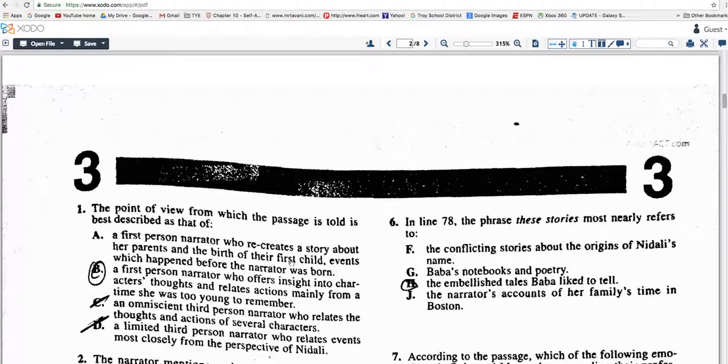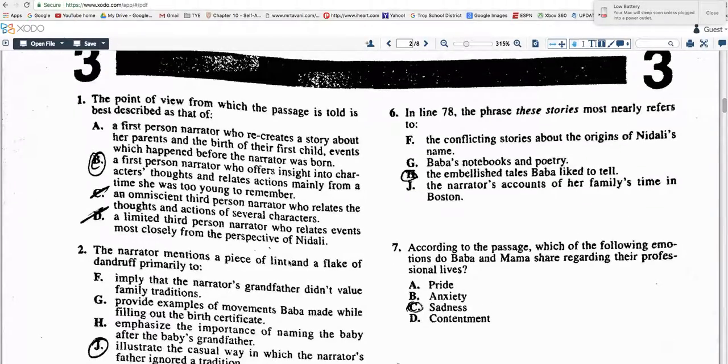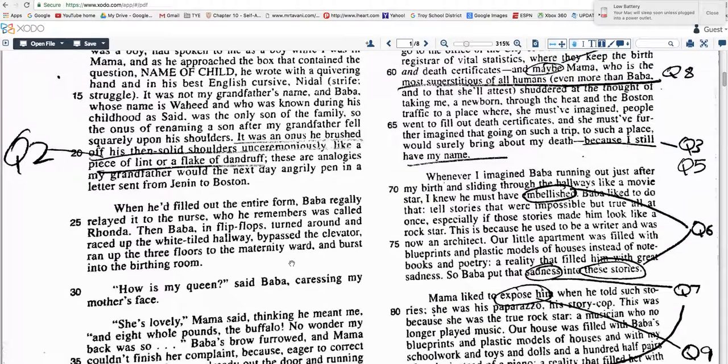Whenever you want to take out a piece of lint, you don't look at it and do it. It's a casual way, so I thought it was casual. Yeah, so for 2, right here, lines 19 to 21, you can see up on the screen, "He rubbed it unceremoniously." That means it's not important, like you said, casual.